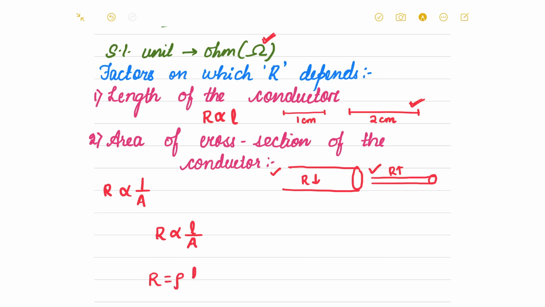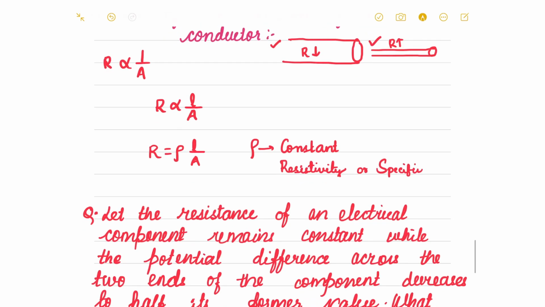R is equal to rho L by A, where rho is a constant and it is known as the resistivity or specific resistance of the material. So resistivity of the material can be defined, and for this we just need to write this equation as rho is equal to RA by L.